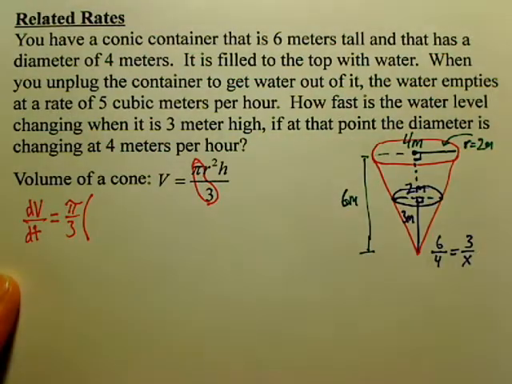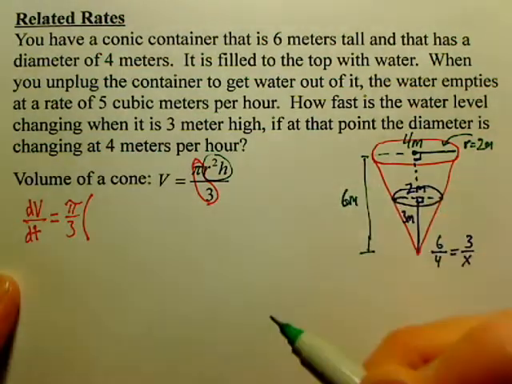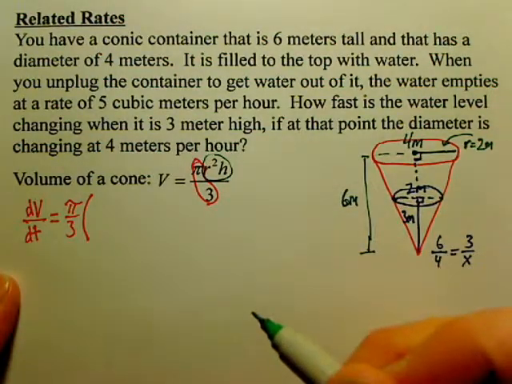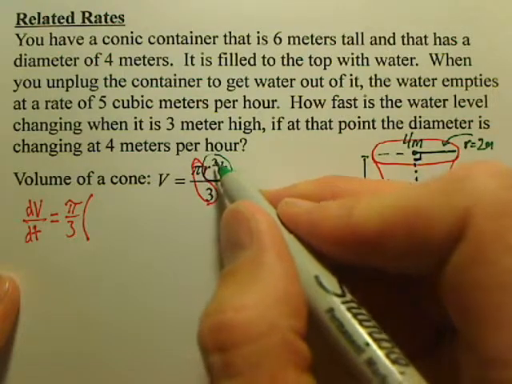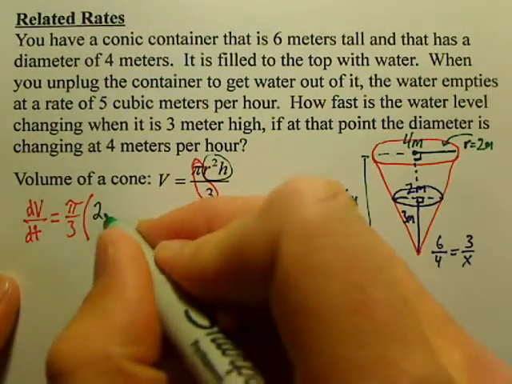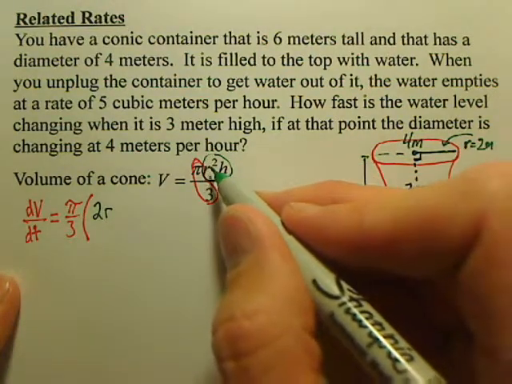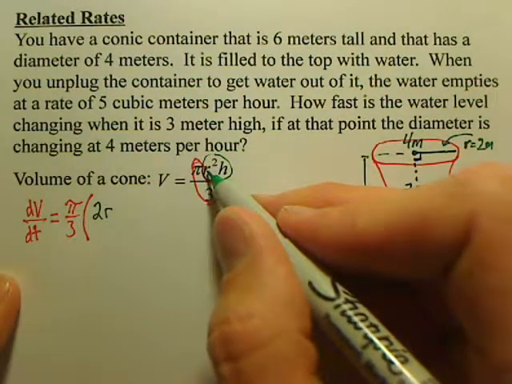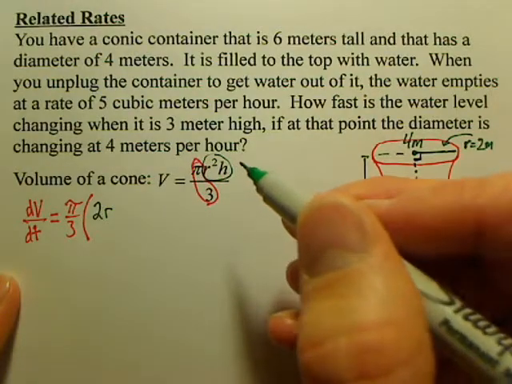Now, if I'm taking the derivative of this piece, do you see a product rule? All right. So the product rule, what's the derivative of r squared? Well, that would be 2r. But chain rule, don't you derive the inside? So what's the derivative of what's inside? R. Or the derivative of r in respect to time.